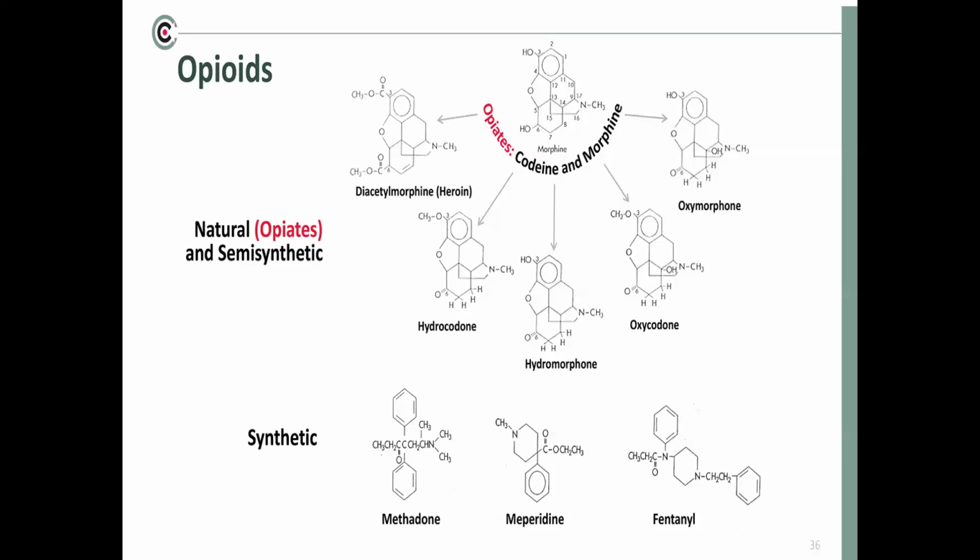And then we have another category, which is called the synthetic opioids. These are totally different chemicals than the parent opioid, which is morphine, such as methadone and fentanyl. You can see from this slide here, they're basically different chemistry.